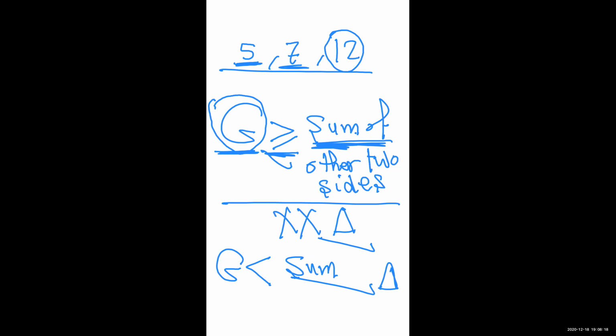So that it's a triangle. But if the greatest is greater than or equal to the sum of the other two, it's not a triangle. It's very easy. Are we clear? Yeah, clear. Because the sum of the two sides has to be greater than the longest one.